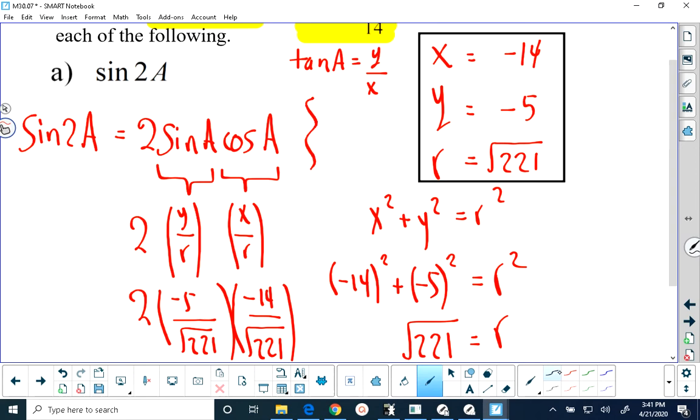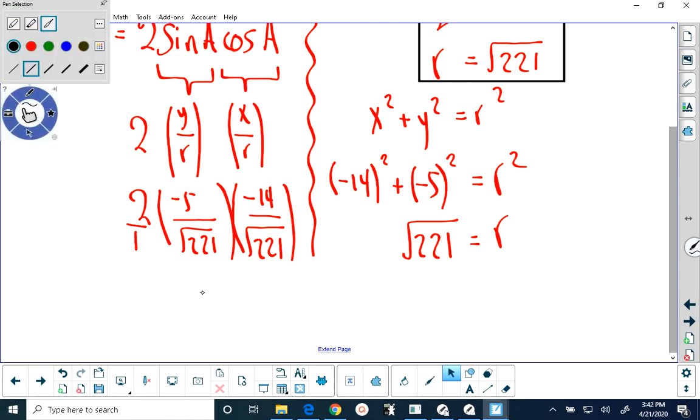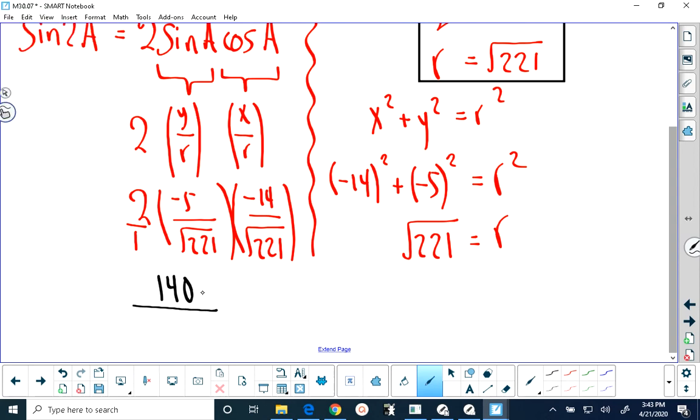And now what we can do is simplify that by multiplying across the top and multiplying across the bottom. 2 times -5 times -14 is going to give us 140 over, when I multiply across the bottom, root 221 times root 221, which is 221.